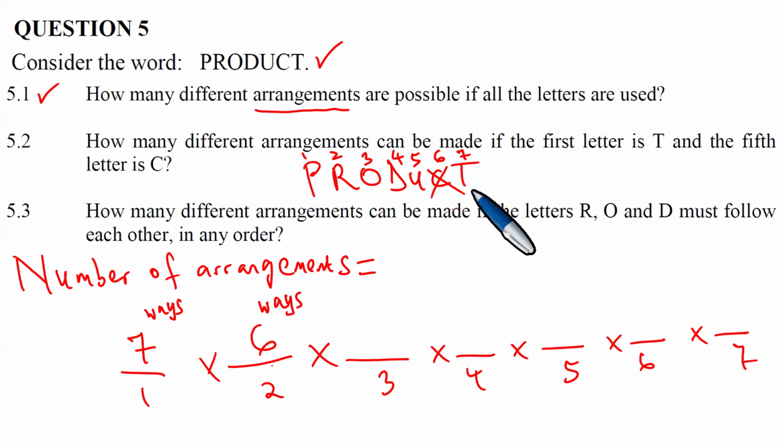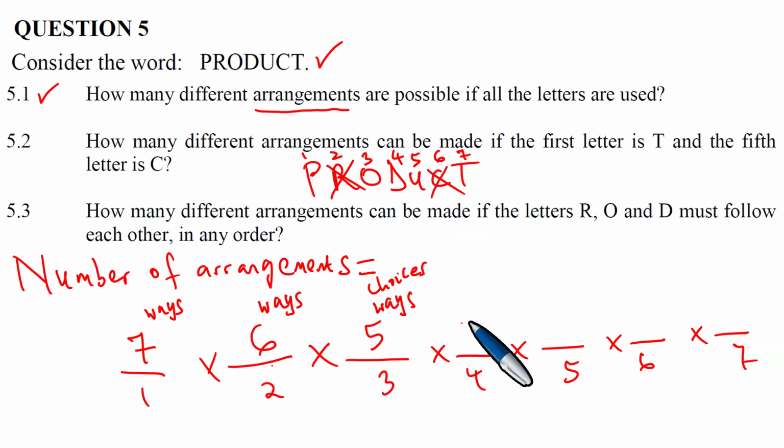After that, out of 7, 2 have been chosen, so we'll have 5. From the 5 remaining letters, we can choose the letter in 5 ways, so you have 5 choices.